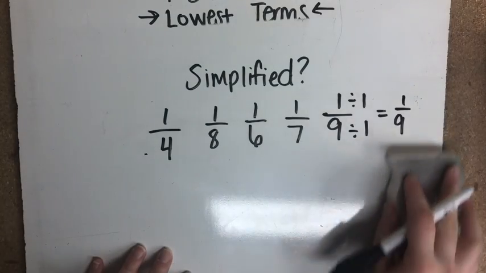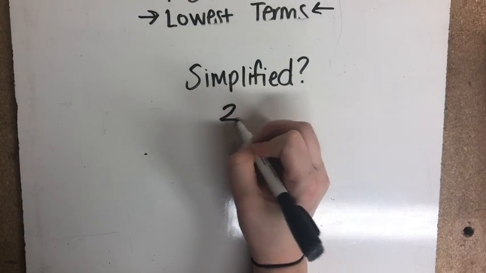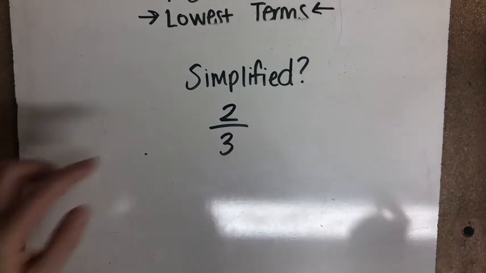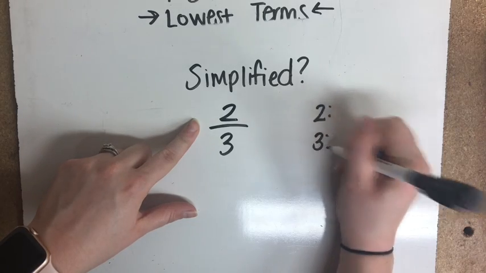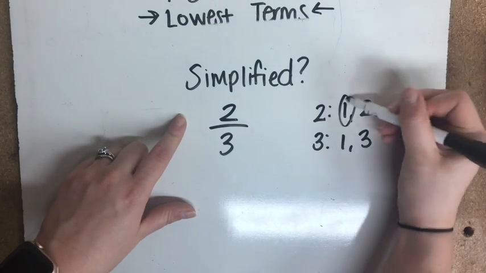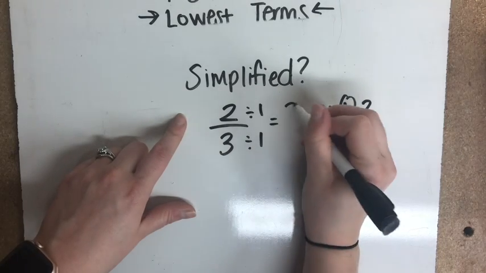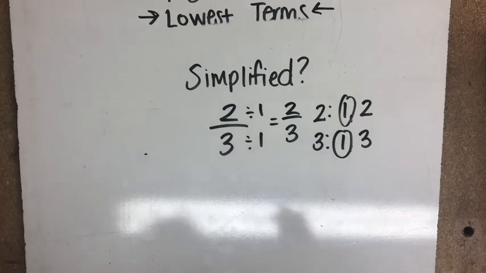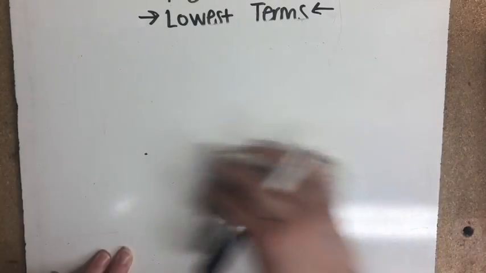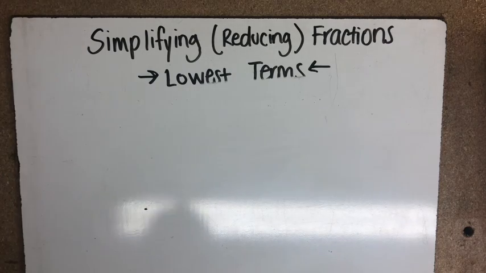So these fractions are already simplified. Another way you know is if you have two numbers, but they have no factors in common other than 1. If I wrote my factors for 2 and for 3 down, I would have 1 and 2, and 1 and 3. The greatest number that they have in common is 1. So you get 2/3. That's another way you would know that the number is already in its simplest form. So this is simplifying fractions or reducing fractions and writing them in their lowest terms.